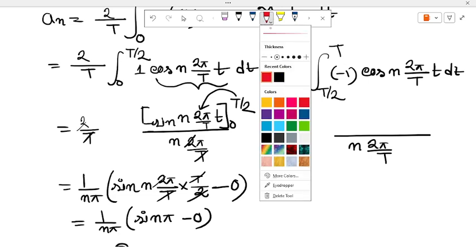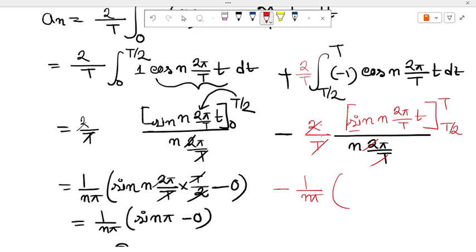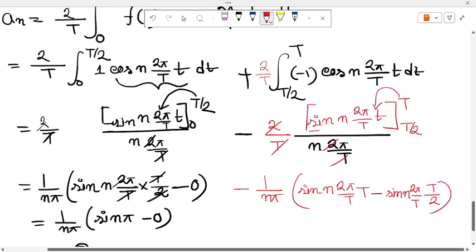I have to write here 2 by T, so 2 divided by T, 2 cancels out, T cancels out, so I have 1 by n pi, and then sine n 2 pi by T t, with limits T by 2 to T. If I put T here, I will have sine n 2 pi, then minus sine n 2 pi by T times T by 2.